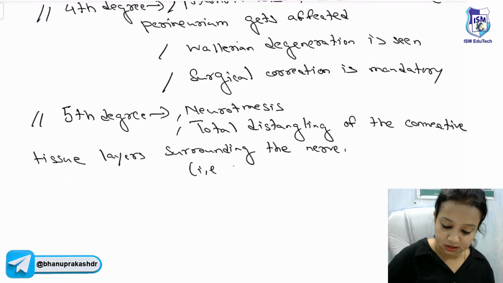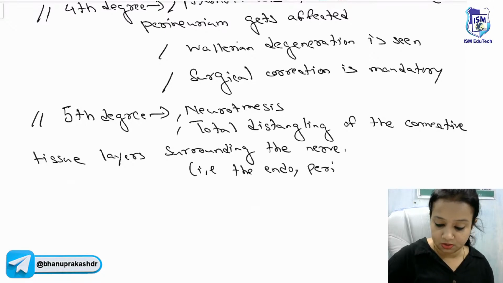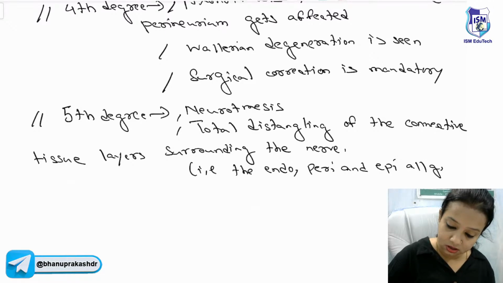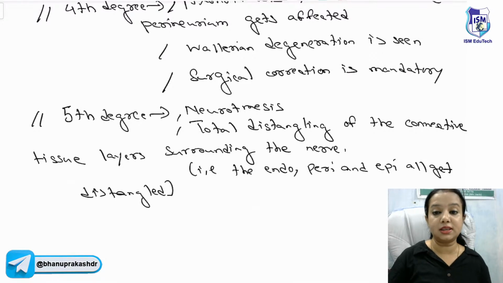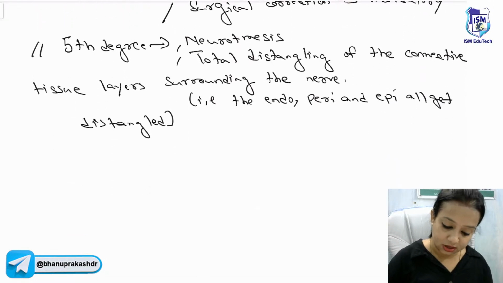That is the endoneurium, the perineurium, and epineurium all get disentangled. Okay, the whole hierarchy is destroyed.